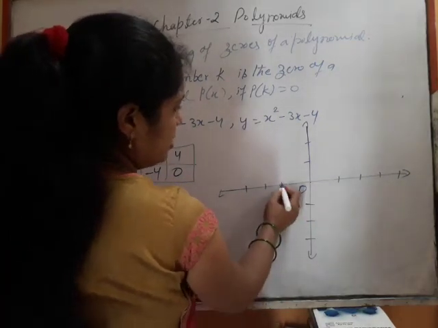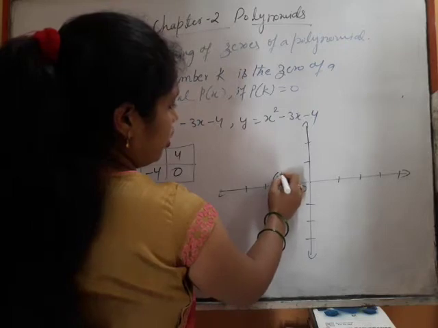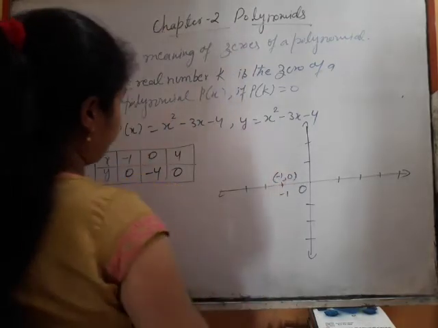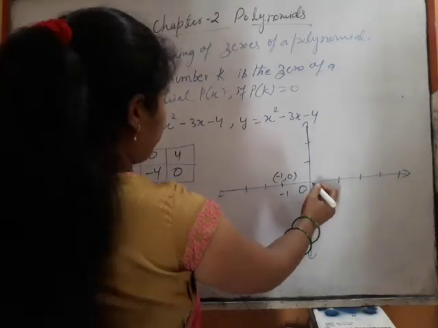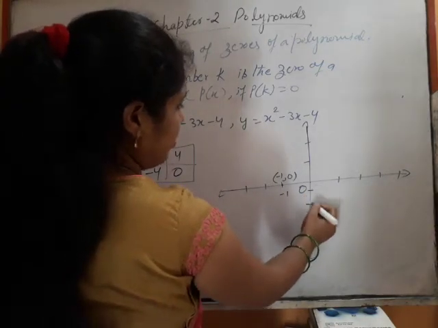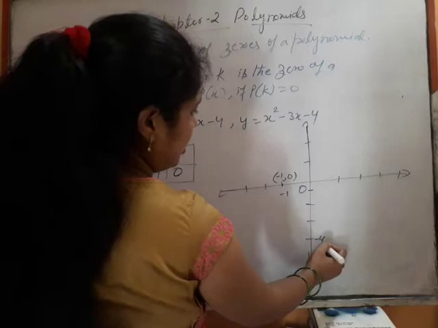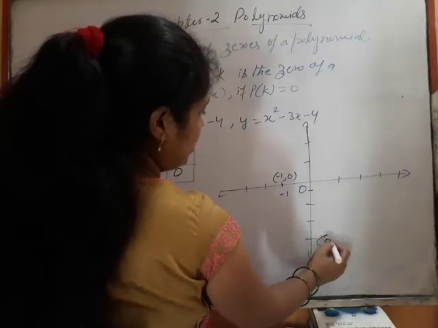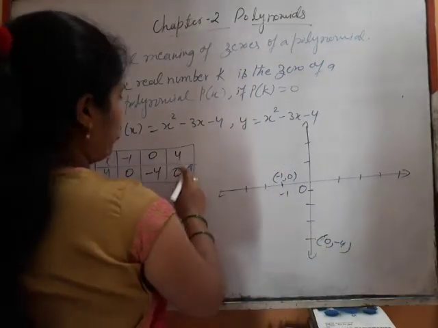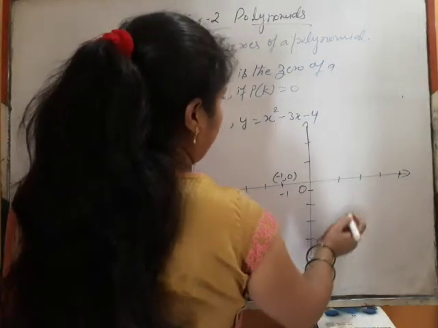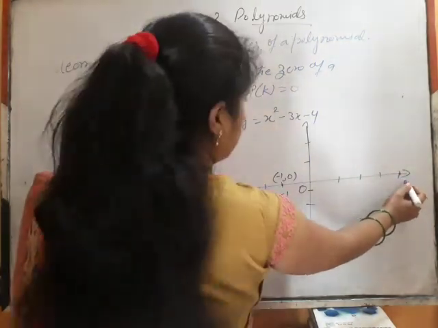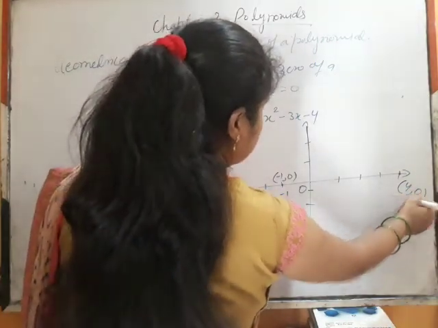Suppose minus 1 is here, so the coordinates will be minus 1 and 0 here. Then 0 and minus 4: 0 on the x axis and minus 4 on the y axis. Here it is, 1, 2, 3, minus 4. Now 4 and 0: 4 on the x axis and 0 on the y axis. So here it will be 4 and 0.